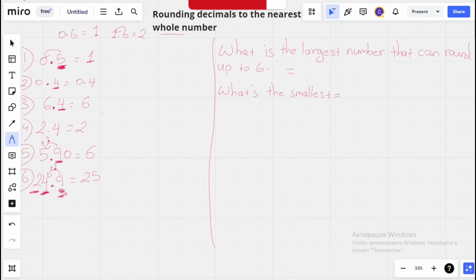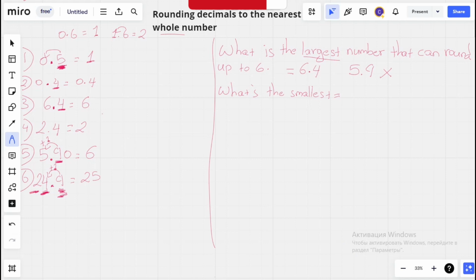Some will go ahead and say, oh, that's easy. It's 5.9. If you say 5.9, then that is wrong. The largest number that can round to 6 is actually 6.4. Okay? Because 6.4 is still 6.